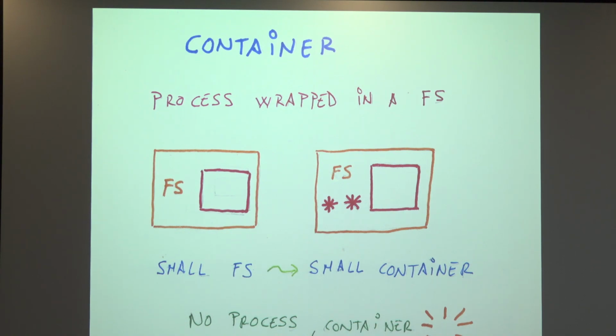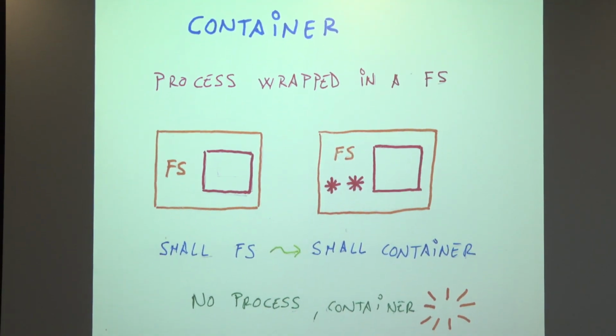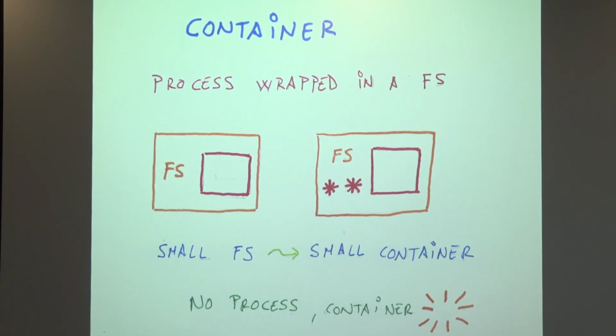A full file system means that it should only have the things that are required by your operating system or required by your process. For example, if you start a process that is Apache, you include the configuration file for Apache. If you include only the things you require for that specific process, you keep a small container.